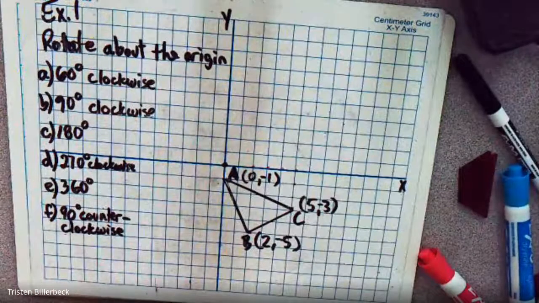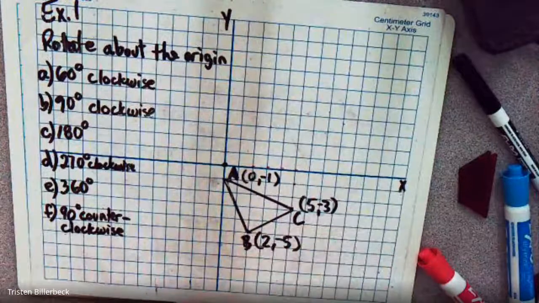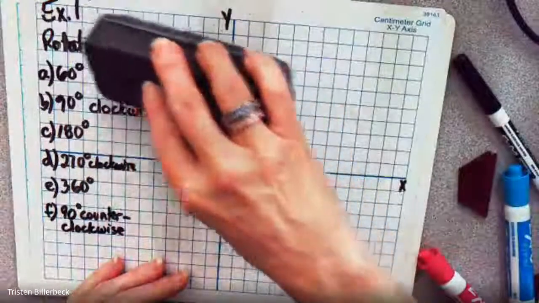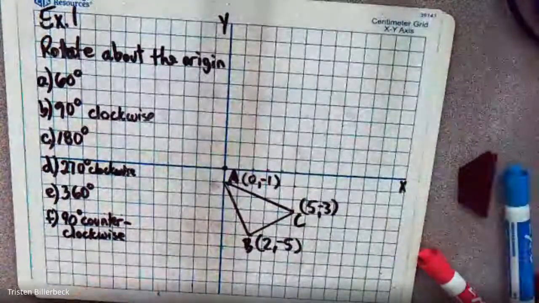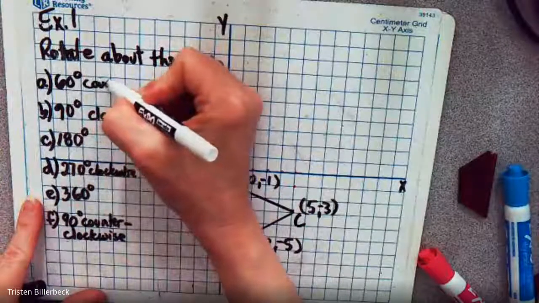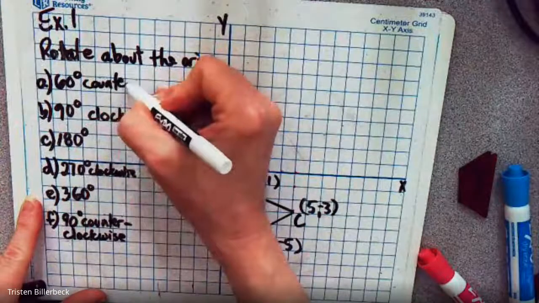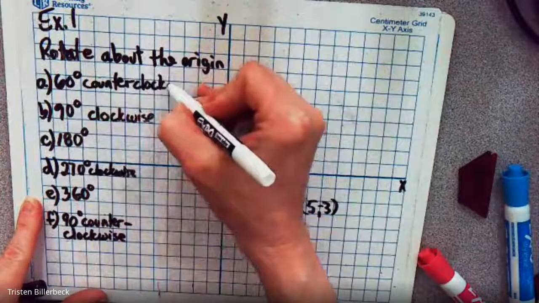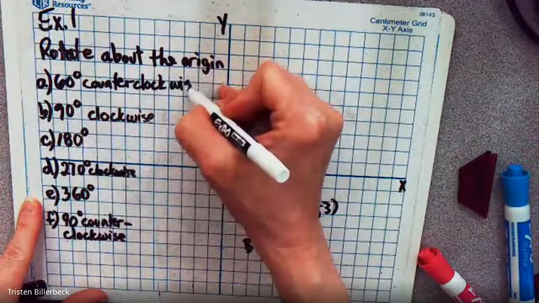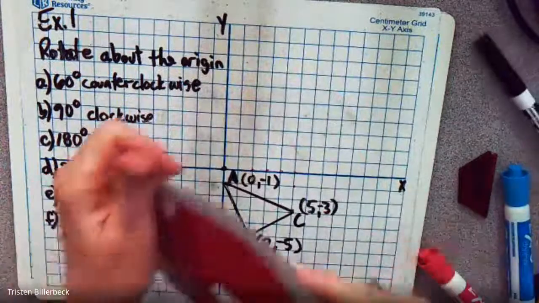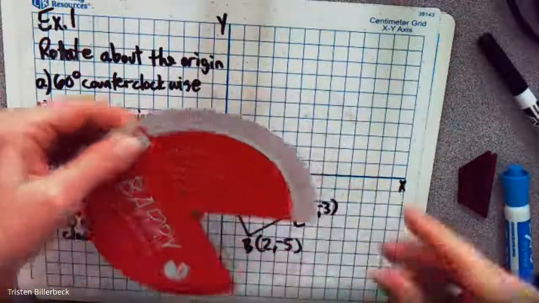Now I'm going to take this object and rotate it 60 degrees. And actually, let's do this one counterclockwise instead of clockwise, because I want to have some space. So I'm back to 60.